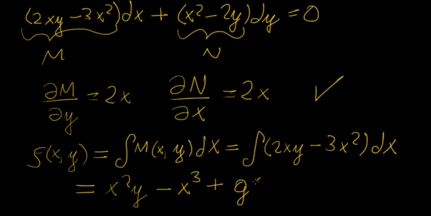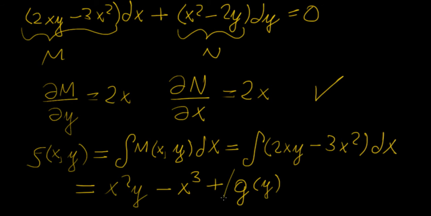It's actually going to be a function of the other variable y, because we're integrating with respect to one of the variables, and this is a function of two variables. This constant is actually going to be a function of y only, because any function of y only would vanish as we take the derivative with respect to x, and that's why we have this term here.